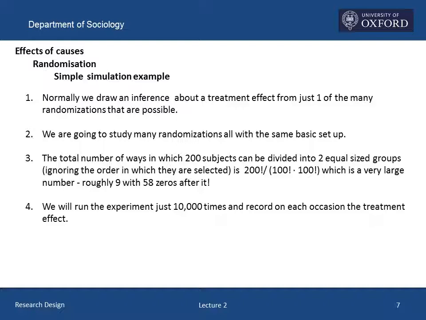This is a very large number, approximately 9 followed by 58 zeros. Thankfully, it's not necessary to enumerate them all, and it's sufficient for our purpose to run our experiment only as many times as it takes to get a good idea of the distribution of the possible outcomes. We will run our experiment 10,000 times, and on each occasion record the outcome.